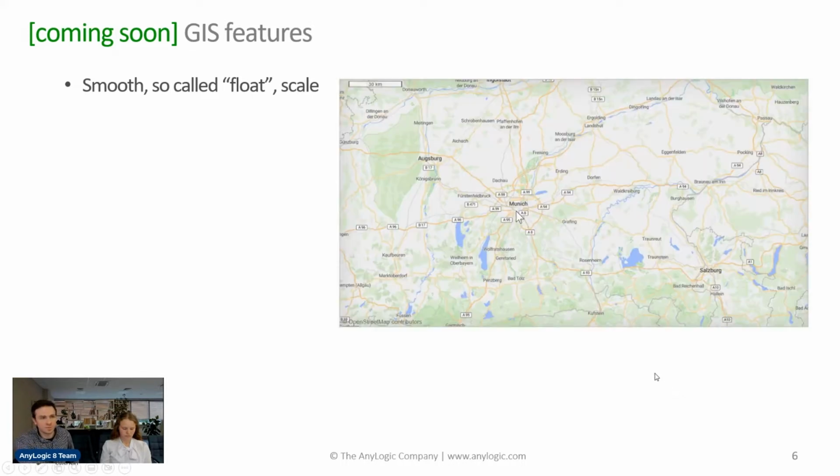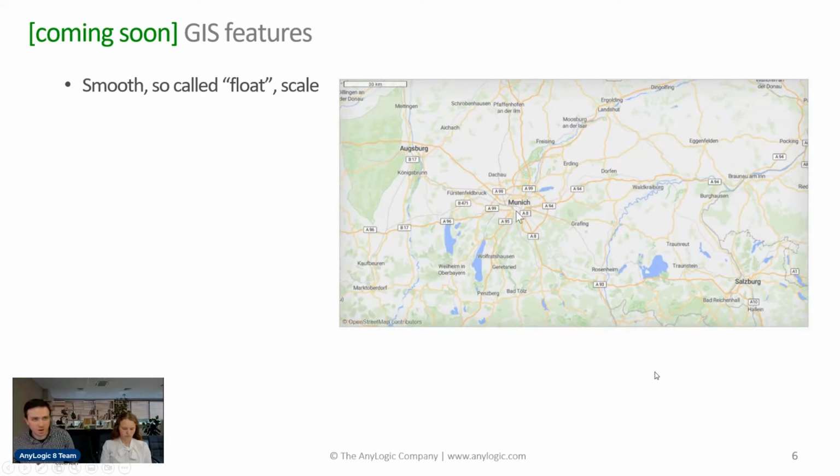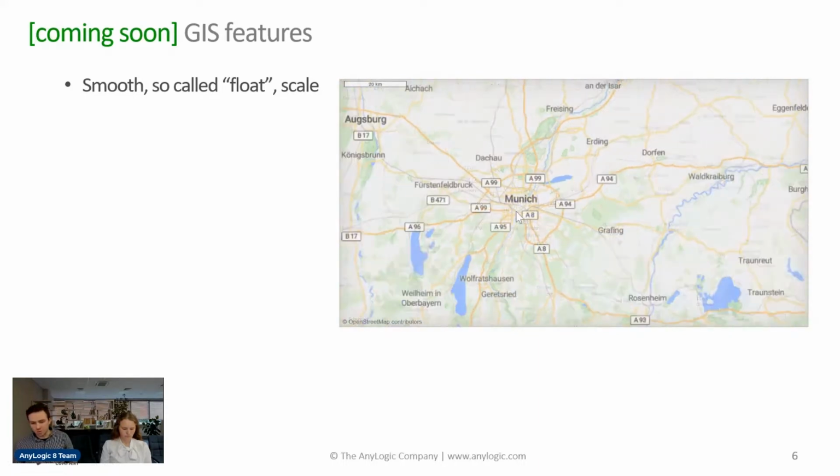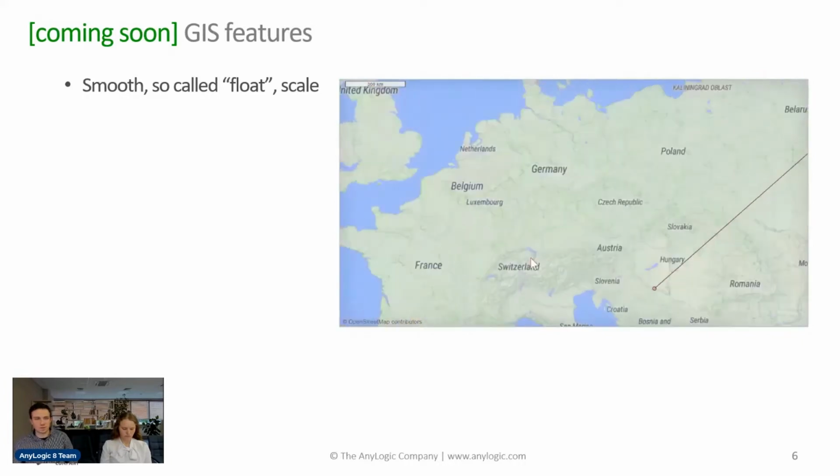As for features, what we are working on right now on our tech side is GIS. I think the most important thing for GIS is its user experience. One thing I could mention is the updated smooth, so-called float scale, instead of a discrete one.